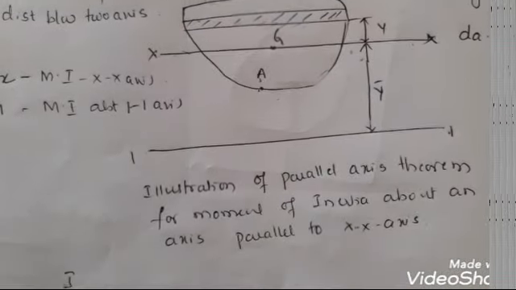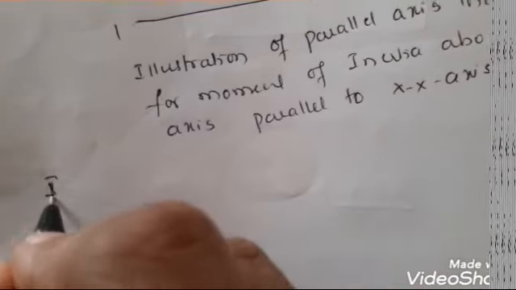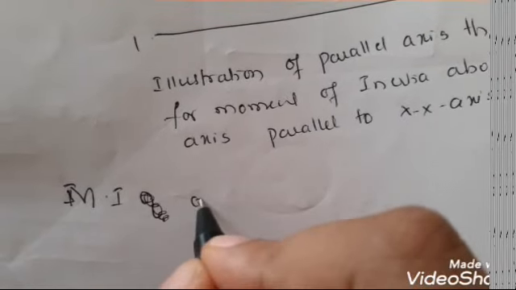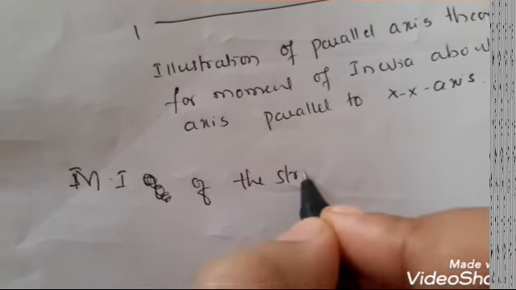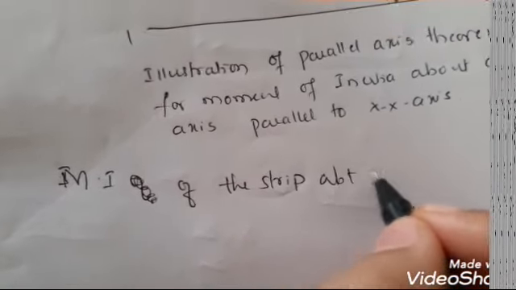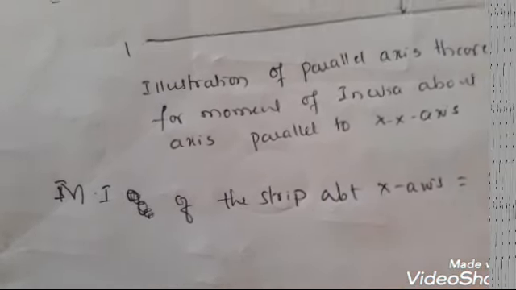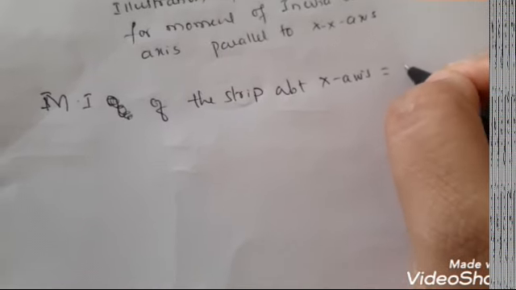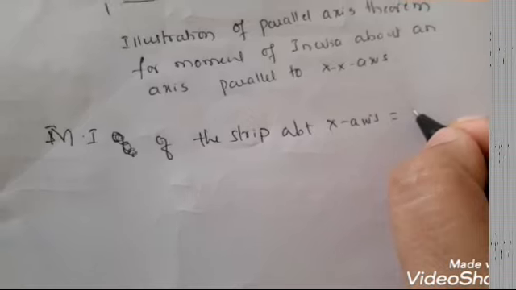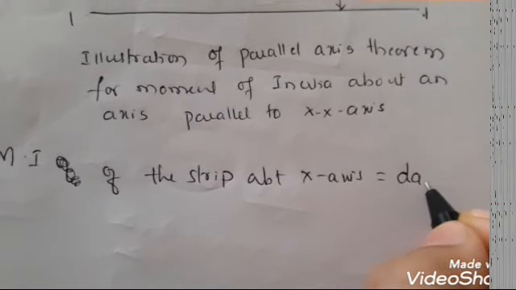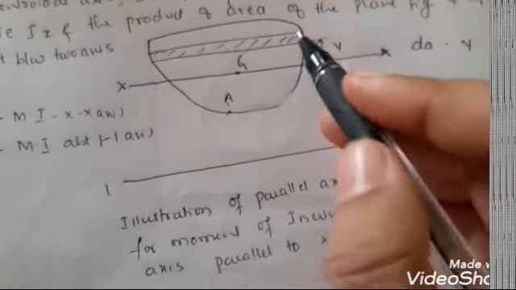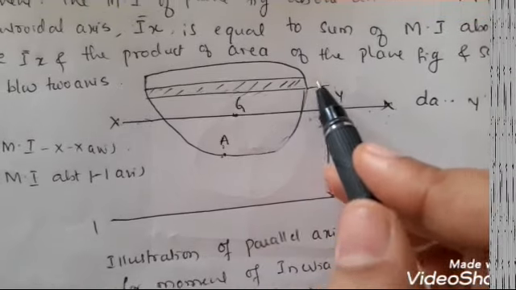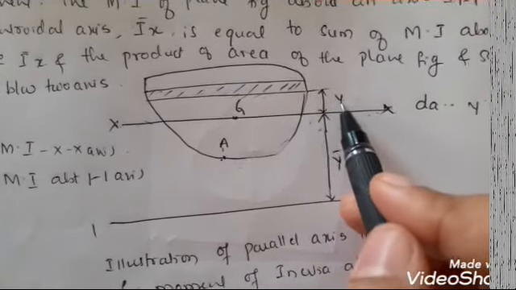Then the moment of inertia of the strip about the x-axis can be written as what? As we know, it is the area into the perpendicular distance squared. Here the area of the elemental strip is dA, and the perpendicular distance from the centroidal axis is y.